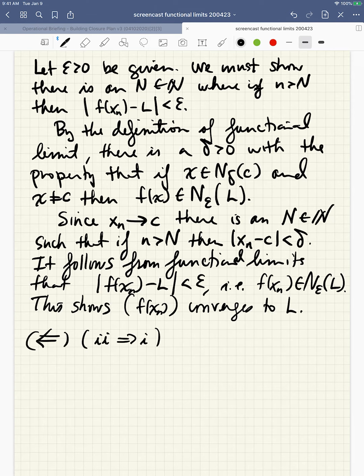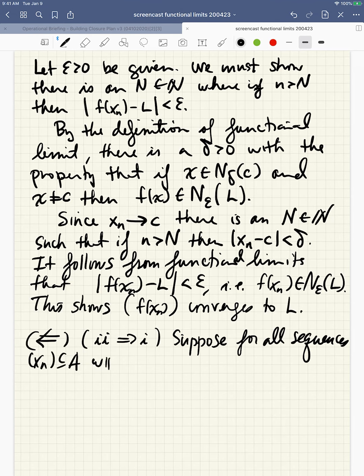That is to say, suppose that for all sequences in A whose terms are different from c and that converge to c, we have that the values f(xn) converge to L. So suppose that's true.